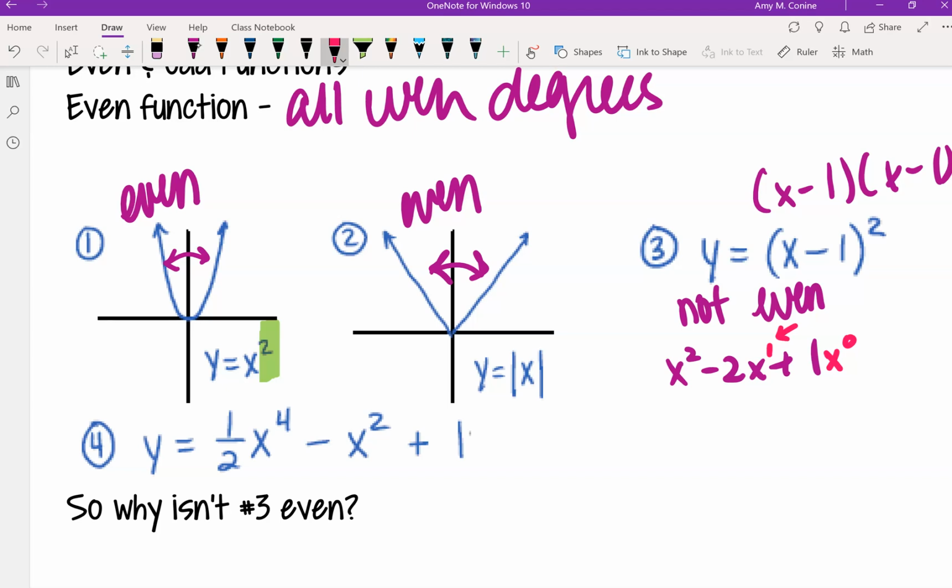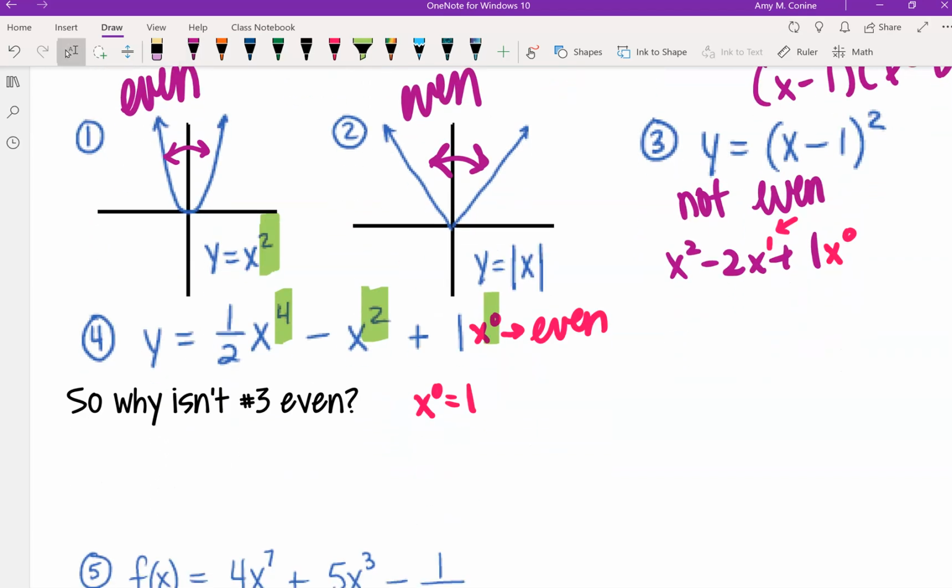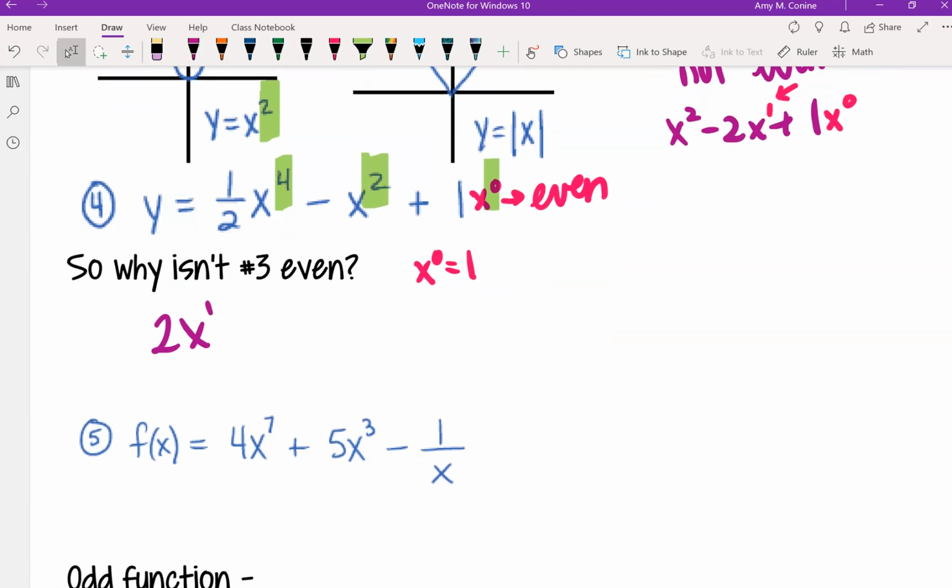It's not symmetric about the y-axis, so you can't say that it's even anymore. And then for number 4, if you see something like that, the constant will always have an exponent of x to the 0 or whatever variable to the 0, because if you remember, anything to the 0 is 1. So this one is even because all of these exponents right here are even. Okay, so that's why. And so we already talked about why 3 wasn't even, because you've got that 2x to the first, which makes it not even anymore. They all have to be even exponents for it to work.